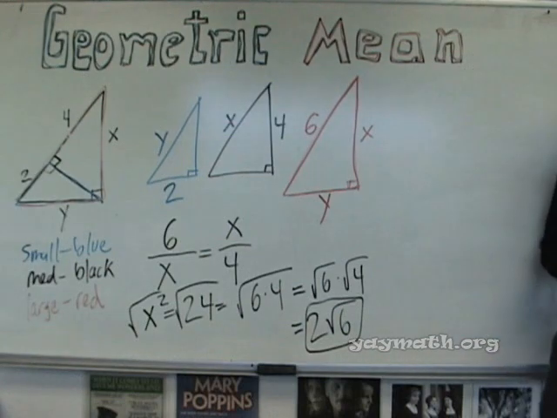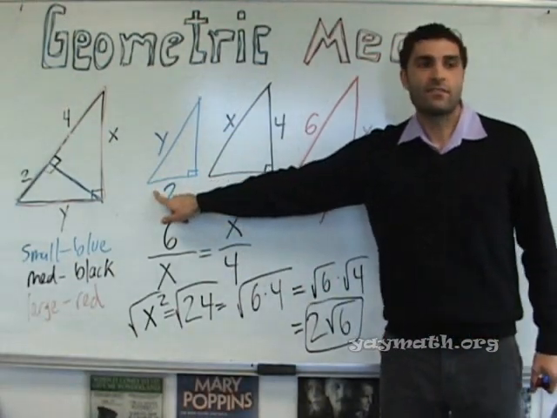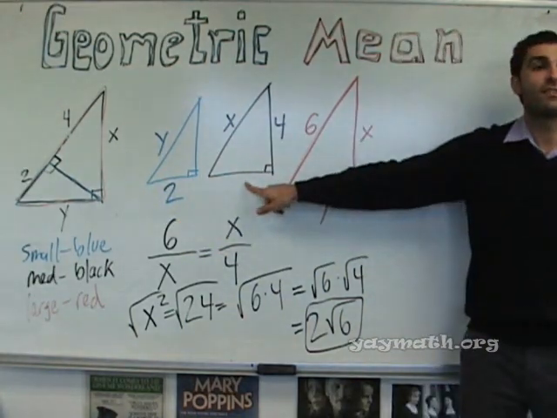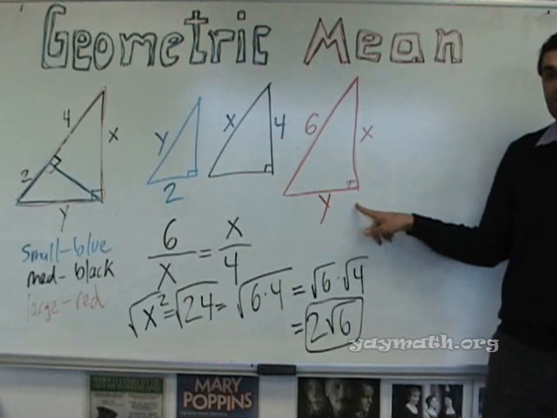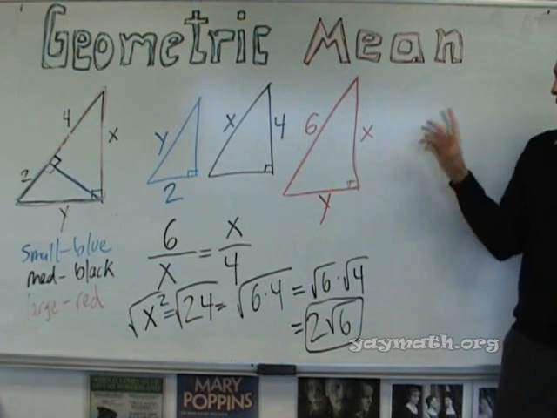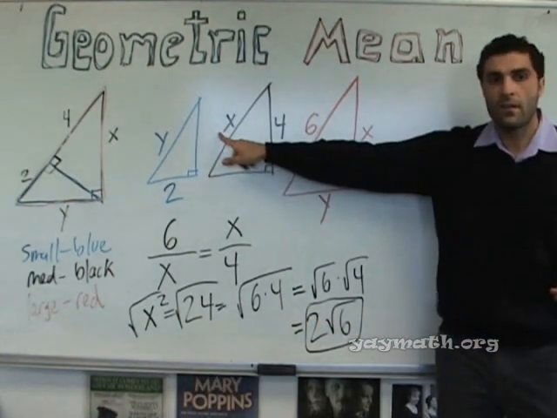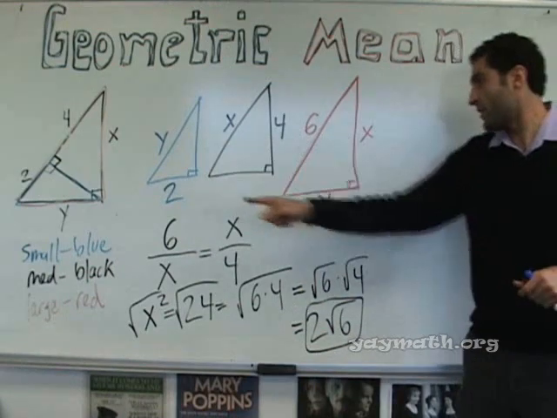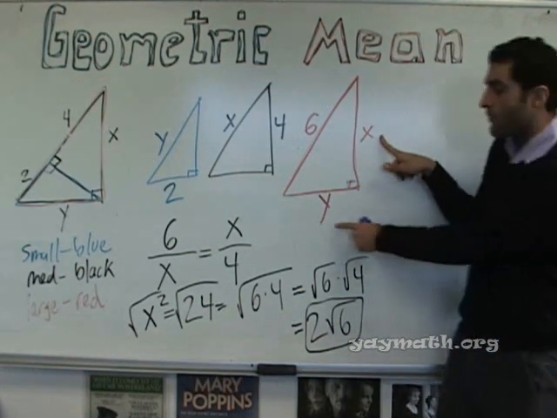So, are we possibly going to use this triangle? Yes. Are we possibly going to use this triangle? No, not for now. Are we possibly going to use this one? Yes. Now, a backup plan: if you're really confused, you could always put x here, and you could put x here. If I put x here, could I solve for y now?